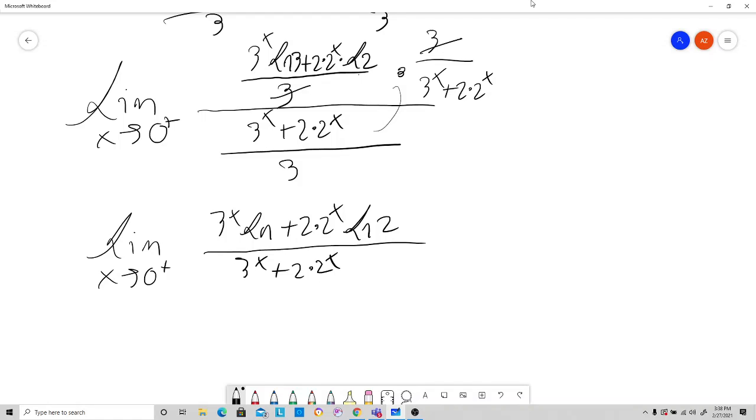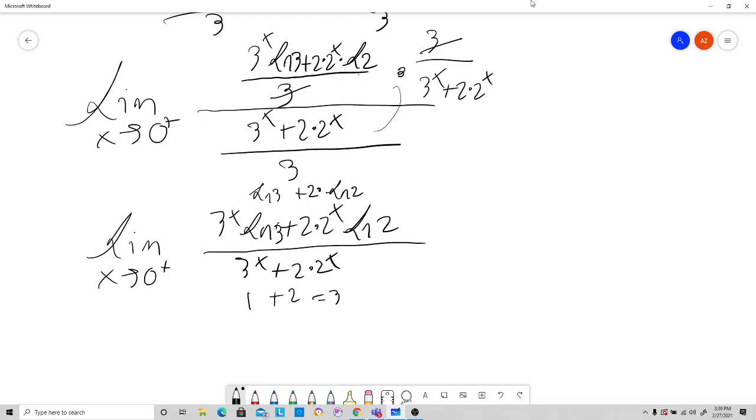So now let's see what happens when we plug in 0. This will become a 1, and then this will become a 2, so that will become a 3. Oops, sorry, that was supposed to be a 3. So this will become the ln of 3, plus 2 times the ln of 2.